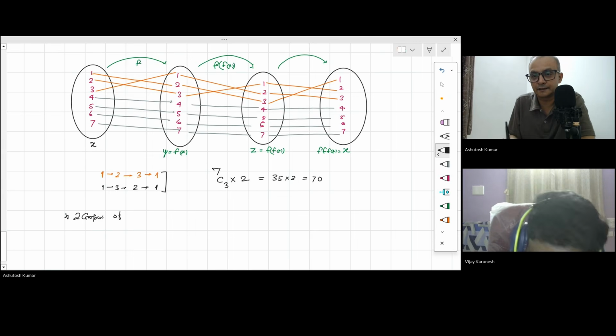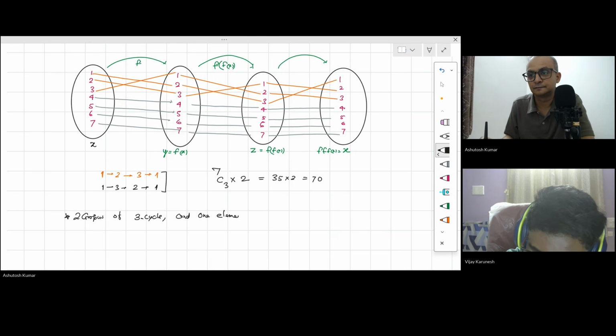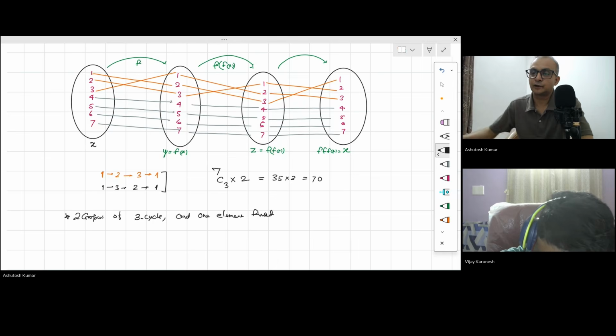the second case, 3 cycle means 1, then 2, and then 3. Okay, 3 cycle and 1 element fixed. So in that way, what can we do?